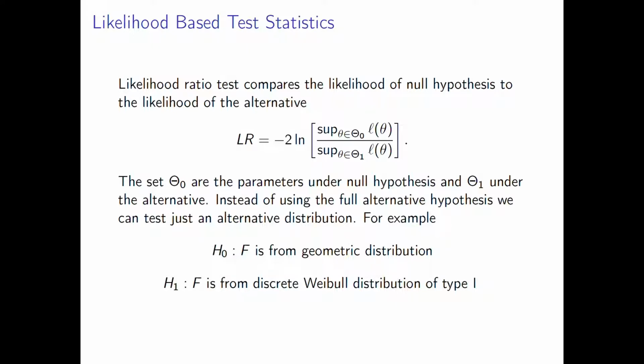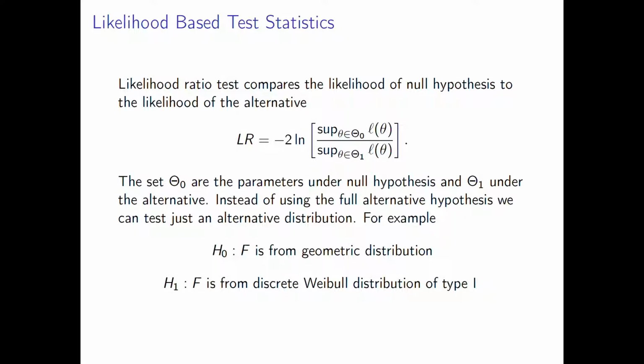But sometimes the alternative hypothesis is too general. It's not specific enough. So instead of considering the whole alternative hypothesis, we consider a restriction of it. Instead of saying that f doesn't belong to P, we can say that f belongs to some other specified alternative family of distributions.